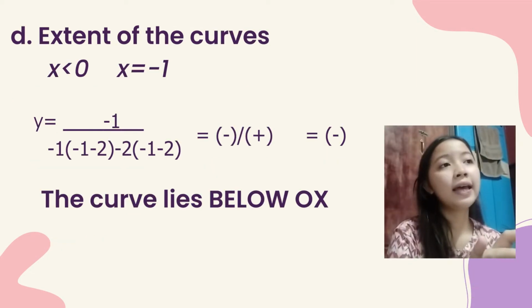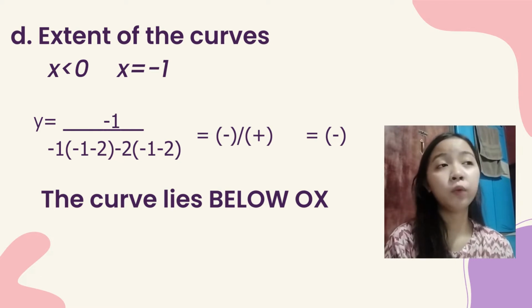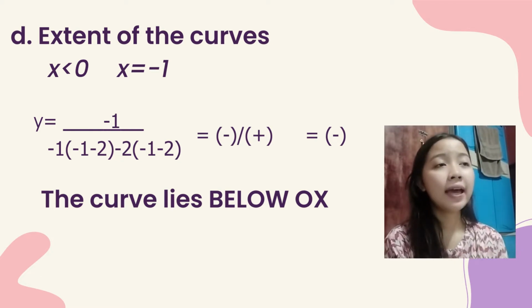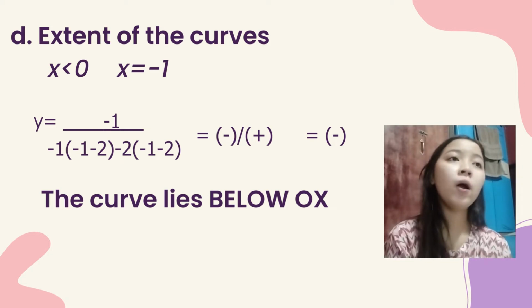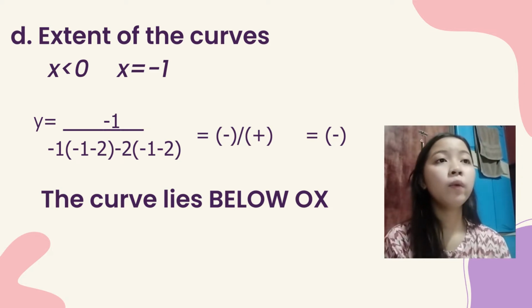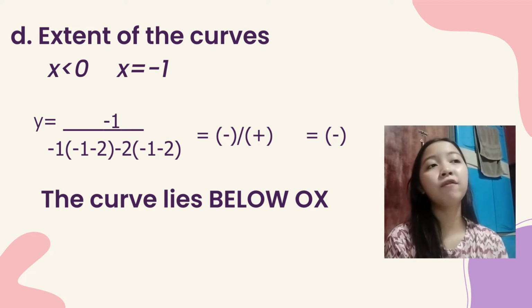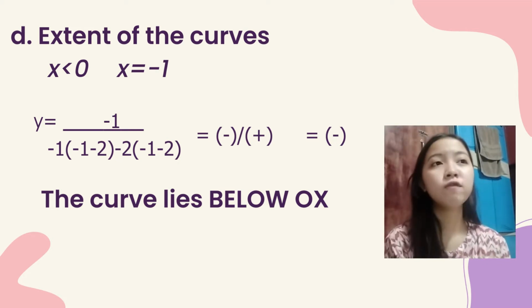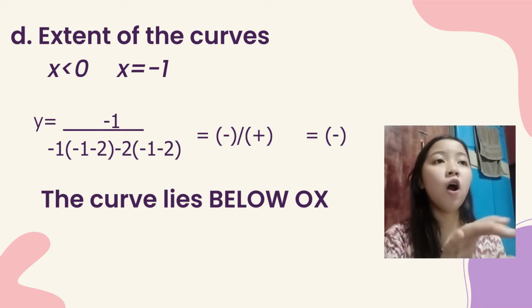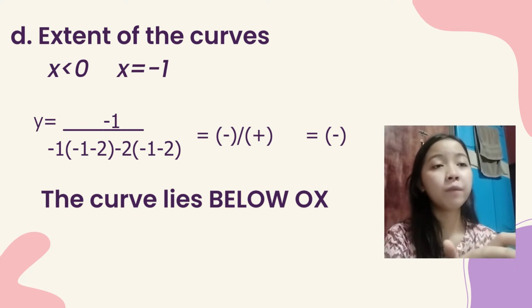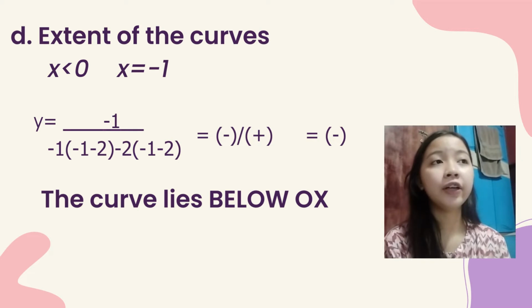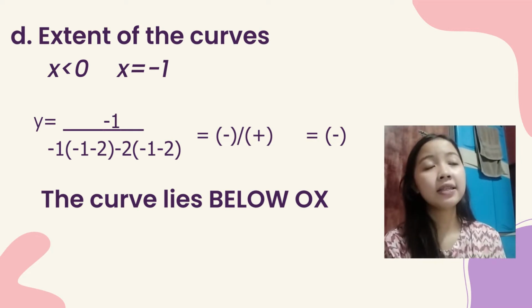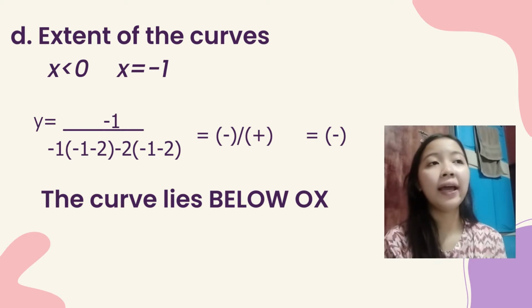The next one, or the fourth one, is the extent of the curve. Using the lines x equals 0 and x equals 2, we will have the regions to form the factored form, which is useful in obtaining the sign of y. First, x is less than 0. So x equals negative 1.